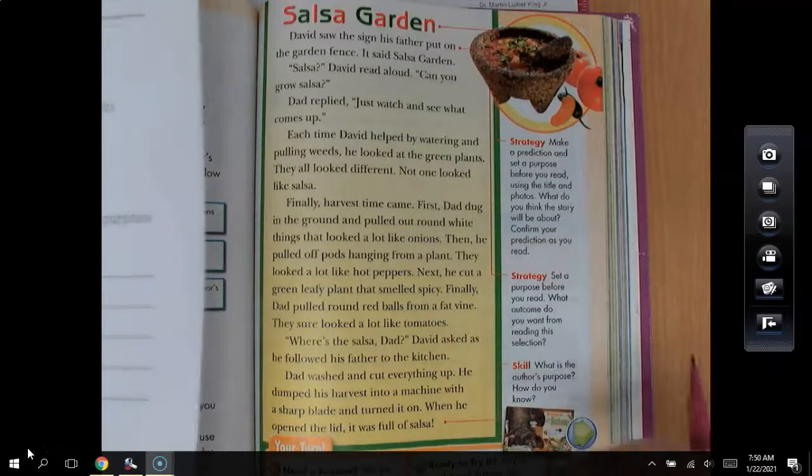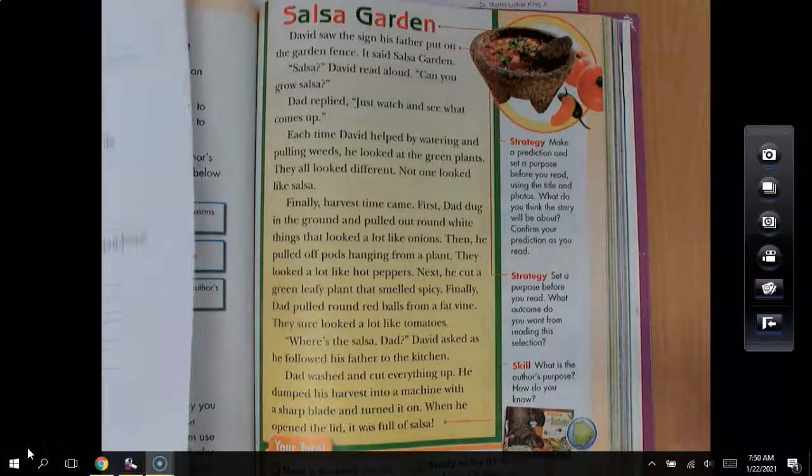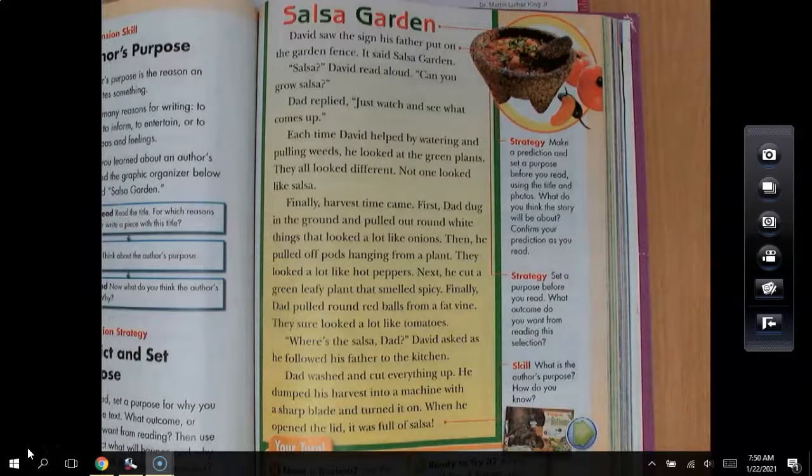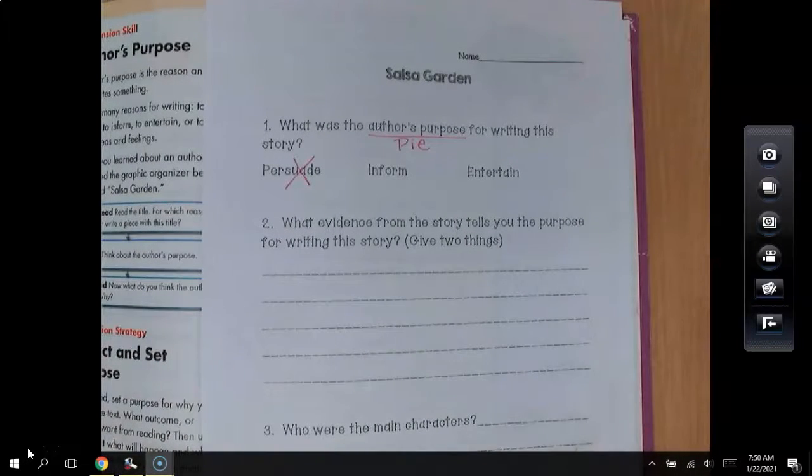Did it say anything else besides putting stuff in a machine and turning it on and then we have salsa? It really didn't. So although I feel like the author was giving us some information, I don't believe that the whole story, the author's purpose for writing this story, was to inform us.